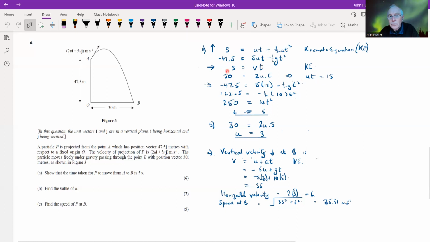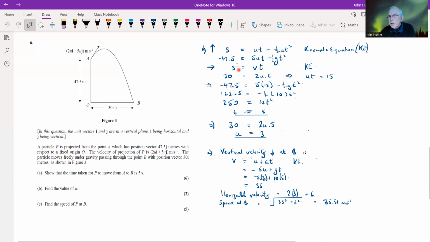We've had to look at this horizontal because, to be honest, we couldn't otherwise solve this for t. But now that we know that ut equals 15, we can substitute that into the vertical equation, which gives us an equation in t squared, which we can solve for t equals 5.